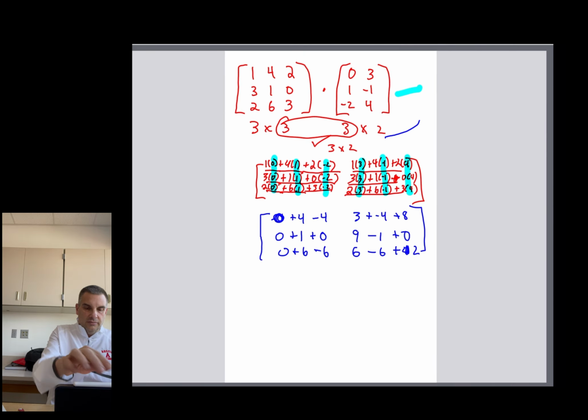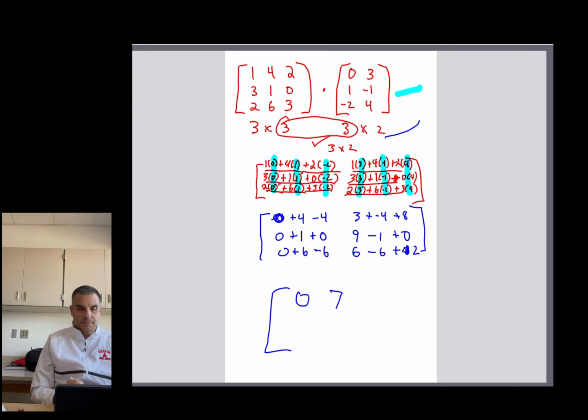Shrink it again. Finish it off now. That gives us 0. That gives us 7. That's 1. That's 8. That's 0. And that's 12. And there it is.